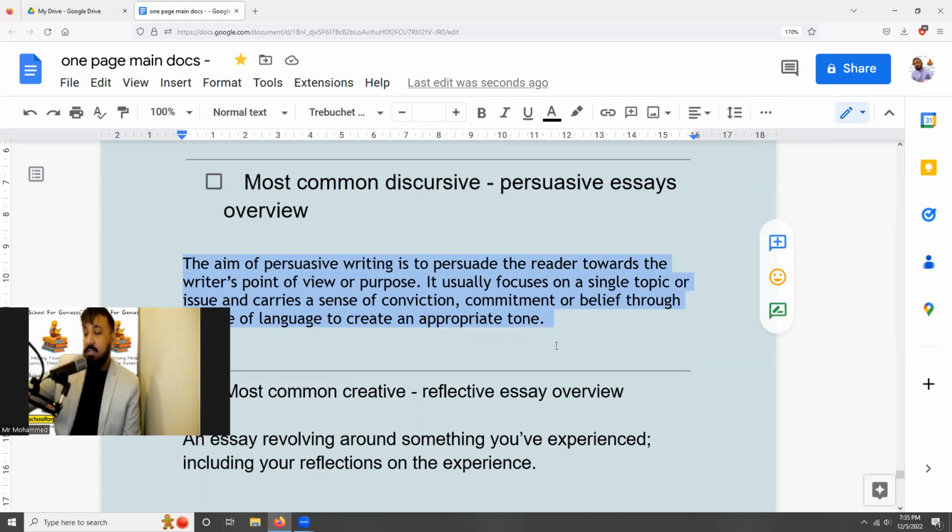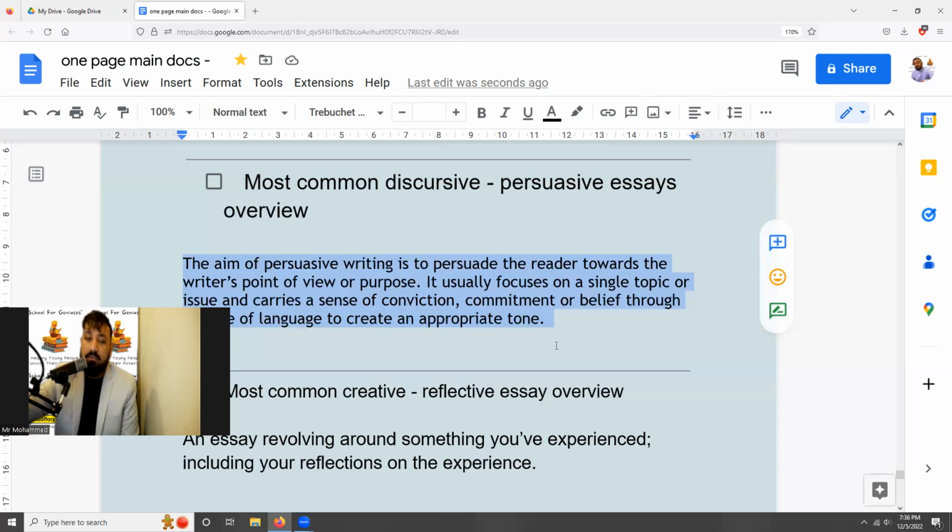So usually these will be either in the form of X is true, so saying something is true and then giving the reasons in your essay, laying out why it's true, or it will be in the form of saying this thing should be done or should be stopped. X should happen.